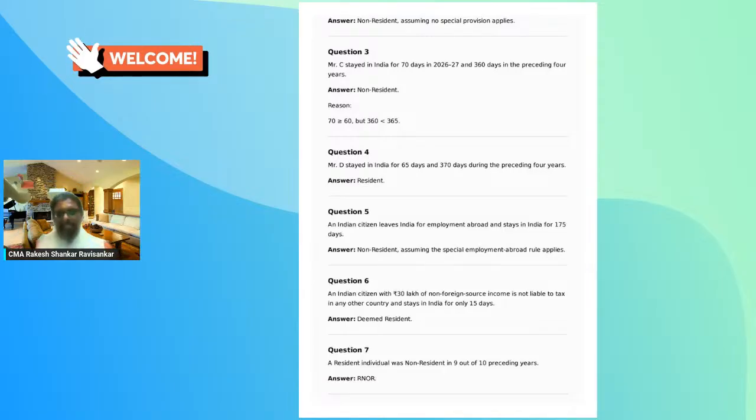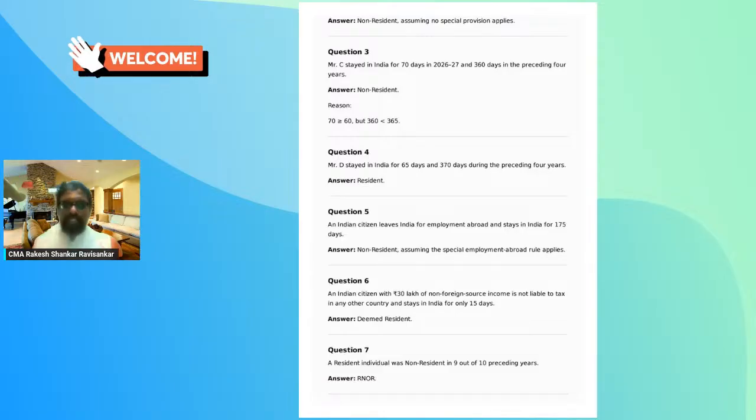Next, an Indian citizen living in India for employment abroad and staying in India for 175 days. Whenever a person is exiting India for the purpose of employment, we have to check for 182 days. Here, he has stayed only for 175 days, so he automatically becomes a non-resident.